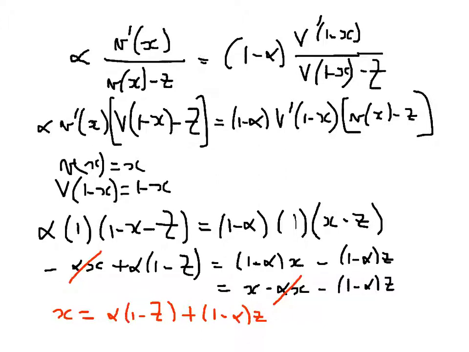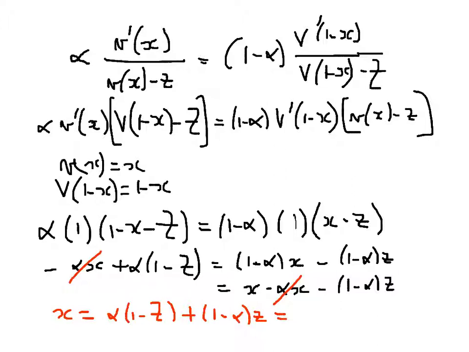Now what does this expression say? It says that the share that goes to the first person, the share x that goes to the first person, is simply their fallback position z. I'm sorry, let me just develop this expression entirely.